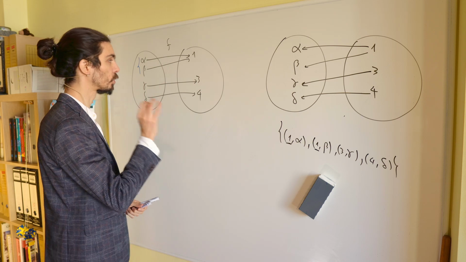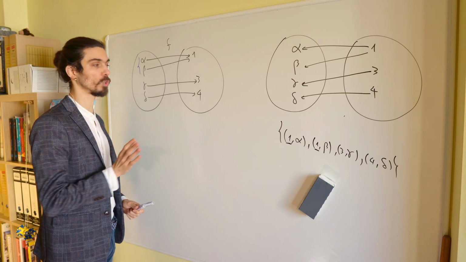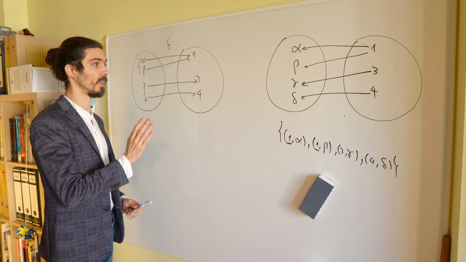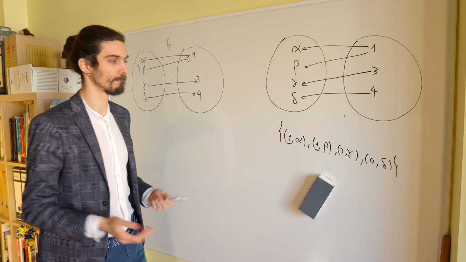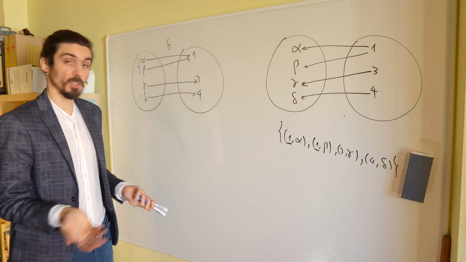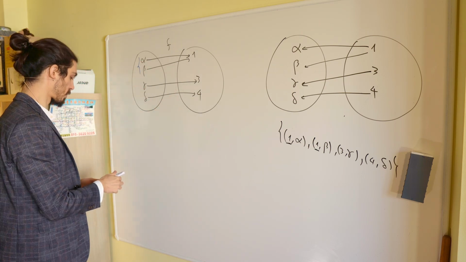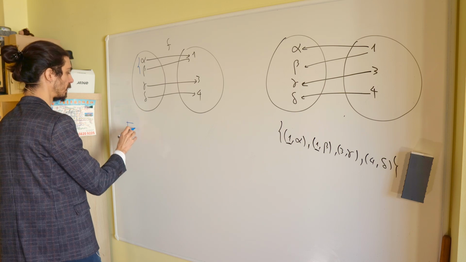Again, I want to stress this fact. Whether it's onto or not is irrelevant, because you can always set the codomain as being the range. The key issue is the fact that it is not 1-to-1. So we have to solve this problem if we still want to get something out of this. So let's do it. But first, let me write our f function here.